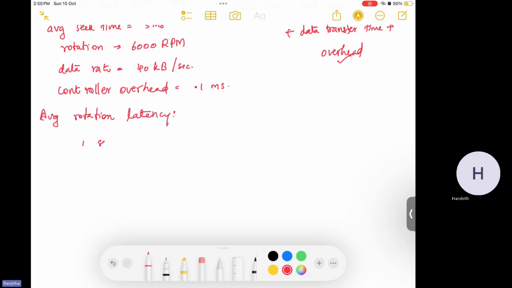So in 1 second, we will have 600 by 60 rotations, which is nothing but 100.